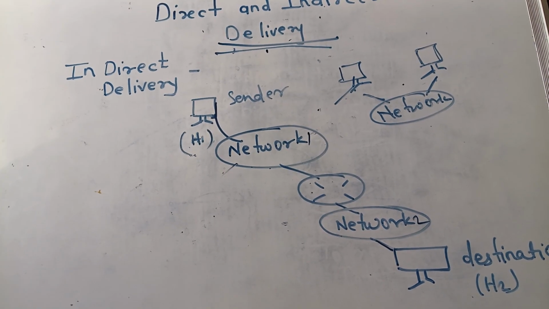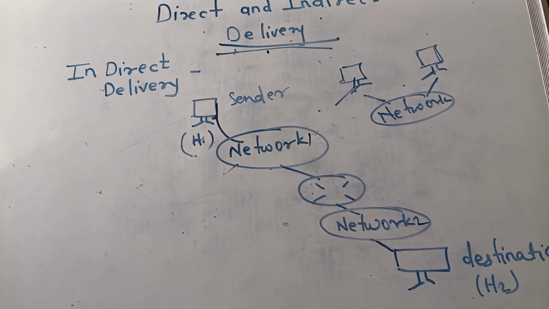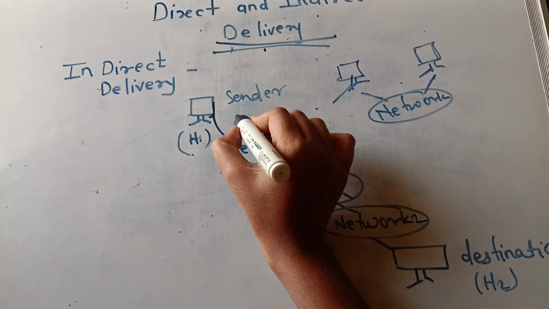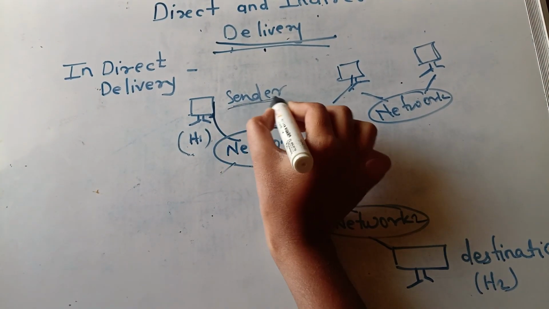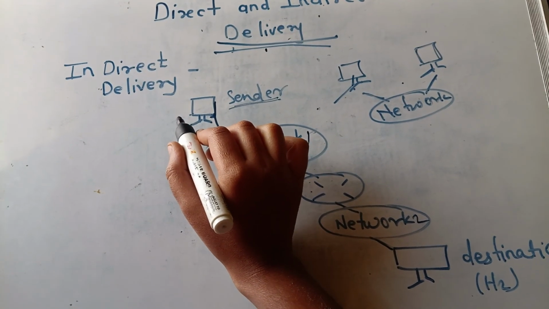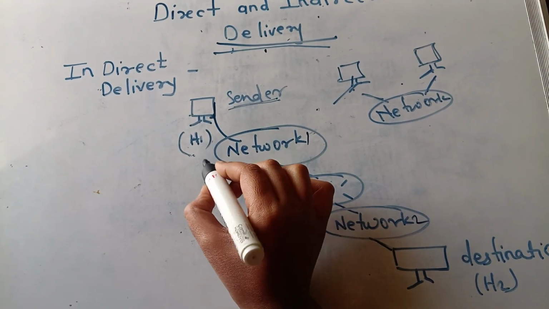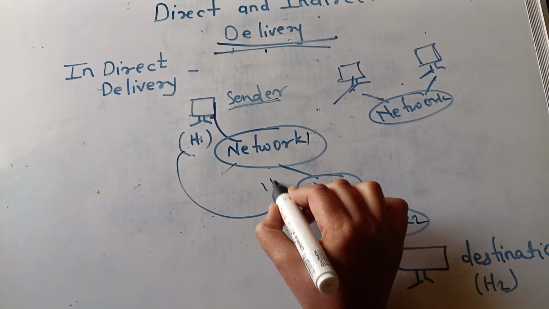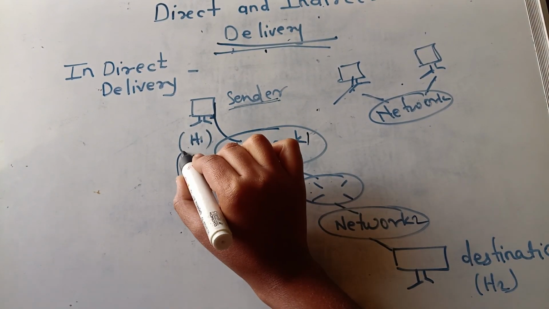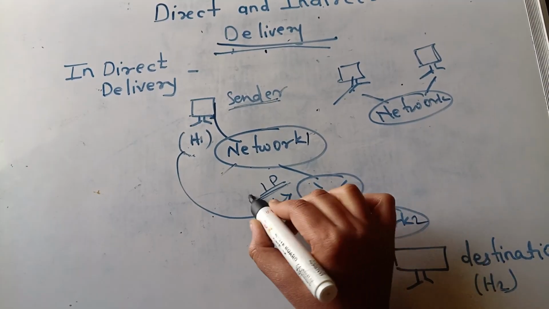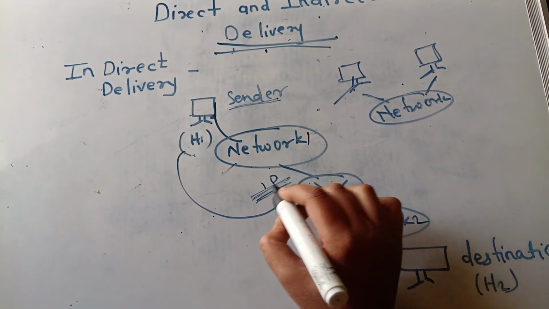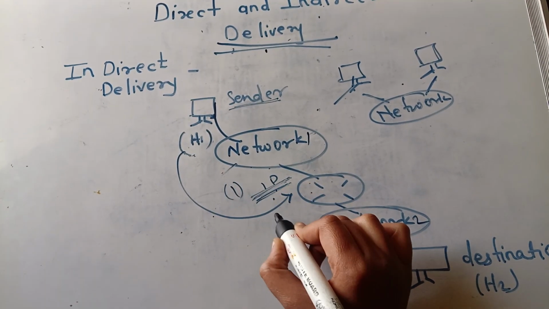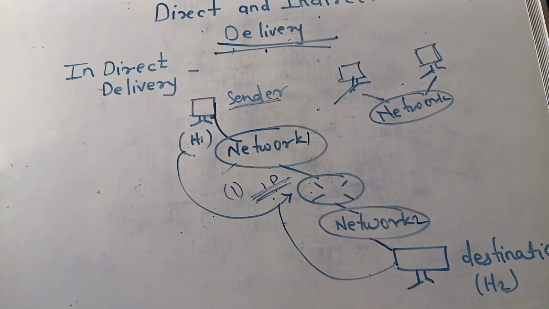In indirect delivery, the packet goes from router to router. Let's say my IP packet is sent from the sender. First, my IP packet will get delivered to this router, and after this first stage, my IP packet will get delivered to the destination network.